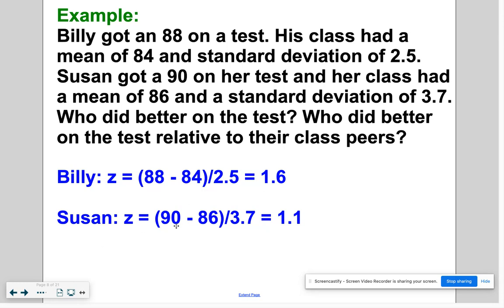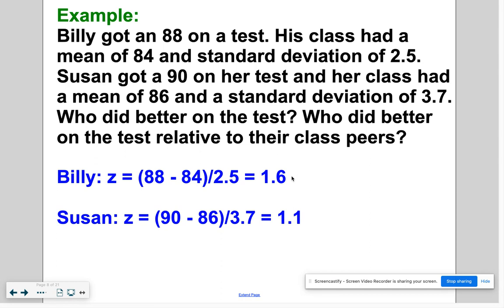Susan is 90 minus 86 divided by 3.7. So then you end up with 1.1 standard deviations above the mean. So she's also better than average, but not as much as Billy. Billy's a little bit better relative to their peers. Remember, it's still not a direct comparison, but it is a way to compare apples and oranges.